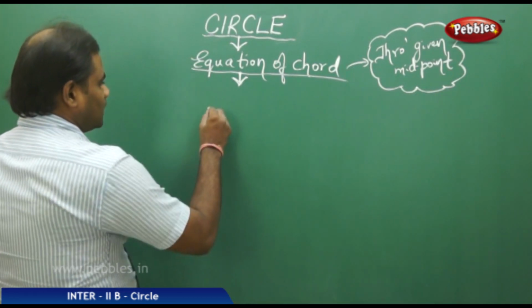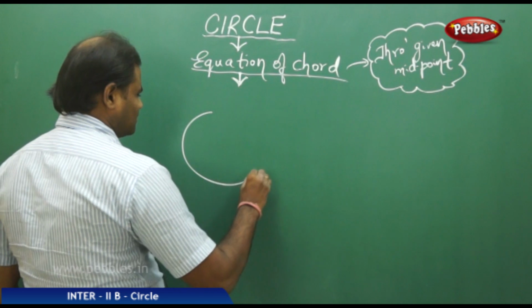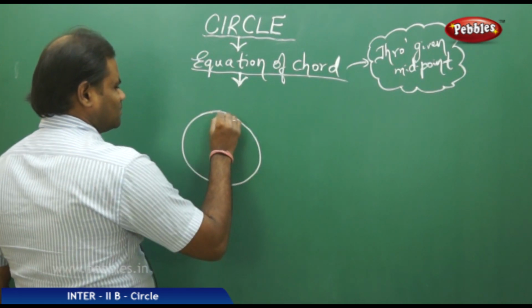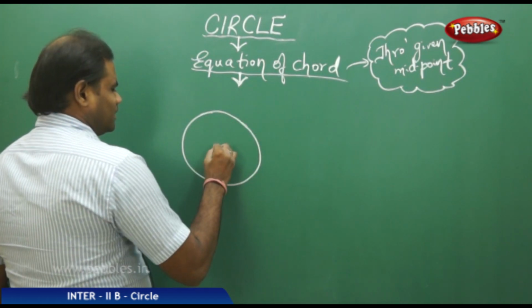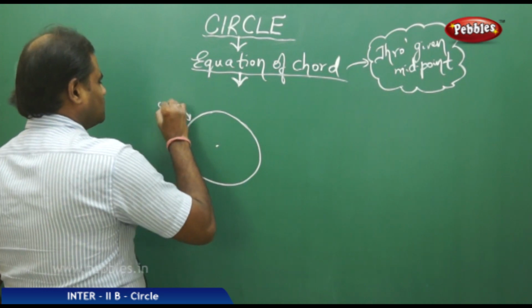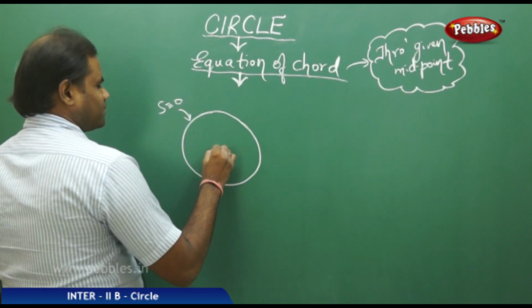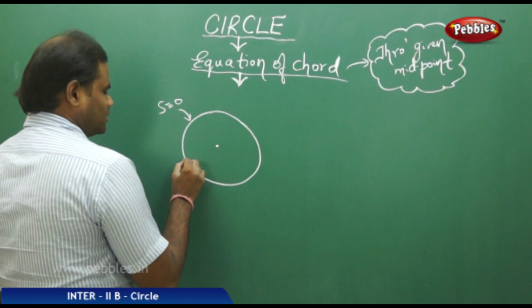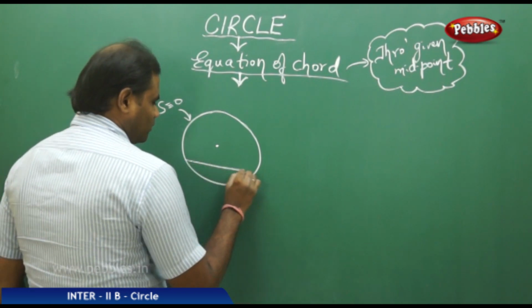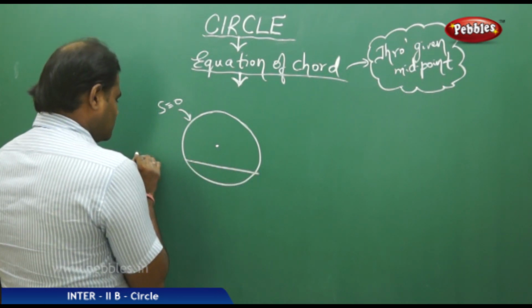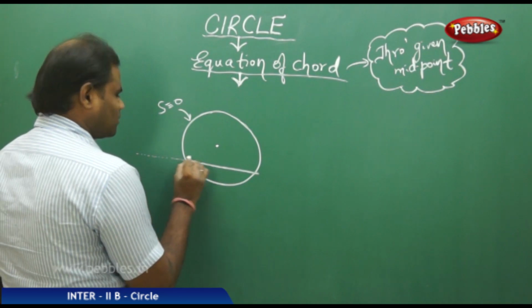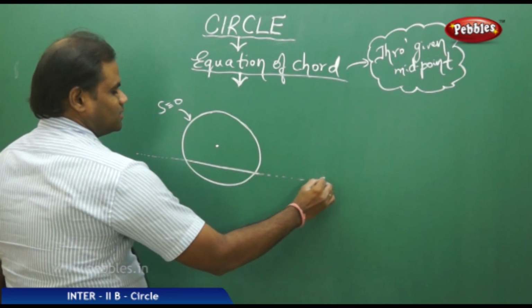So for example, I have a circle S equals 0, and I have the center of circle here, and I have a chord AB, or I have a secant through which I get the chord for the circle in this way.